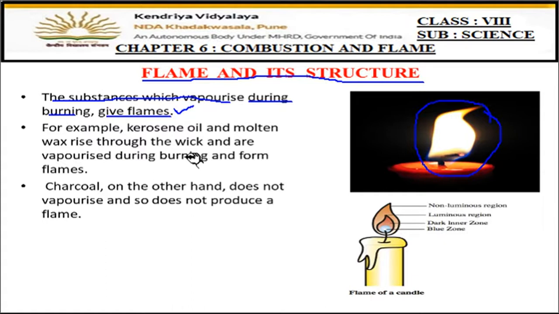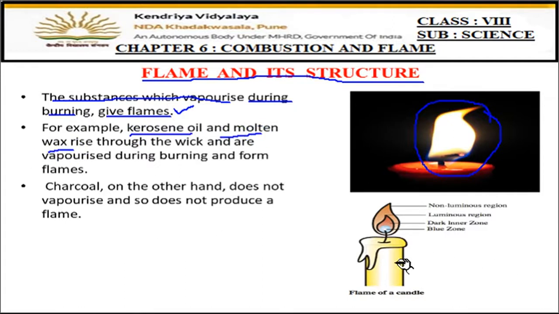Like if you are burning a plastic, a polythene bag, it will not give you the flame. Anything which vaporizes, which turns into vapor state after getting heat, that material can only give the flame.